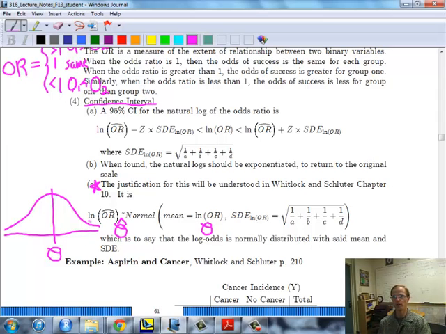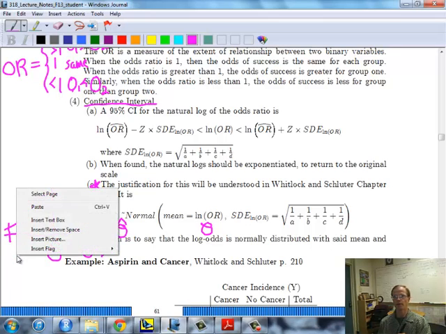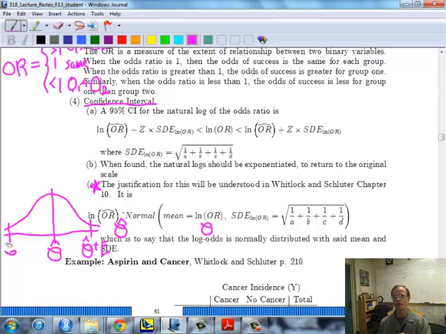So what we do then is, to make our confidence interval, we're going to put the estimator in the middle, as we mentioned in Chapter 4, and we're going to do the estimator plus the margin of error, and the estimator minus the margin of error.